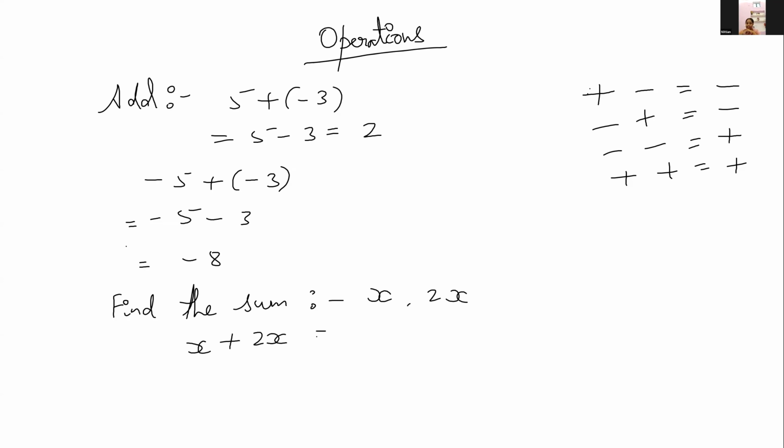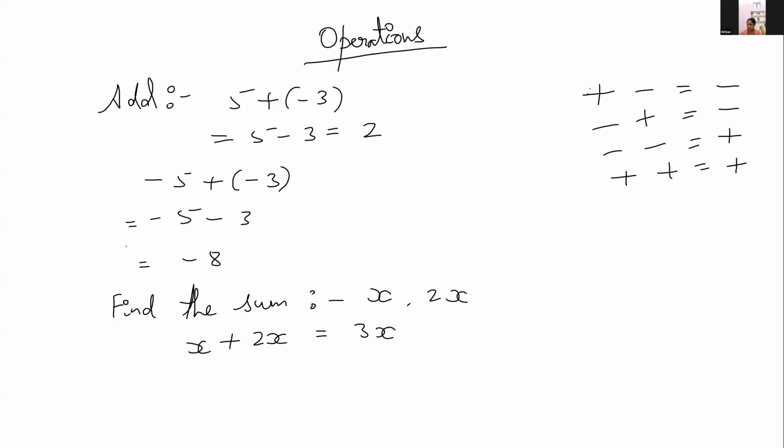So when there is only x, what do we assume? Like I have explained before, when we have only one single variable, we assume that its value is 1. So x plus 2x becomes how much? Becomes 3x, because we will assume that x has the value of 1.